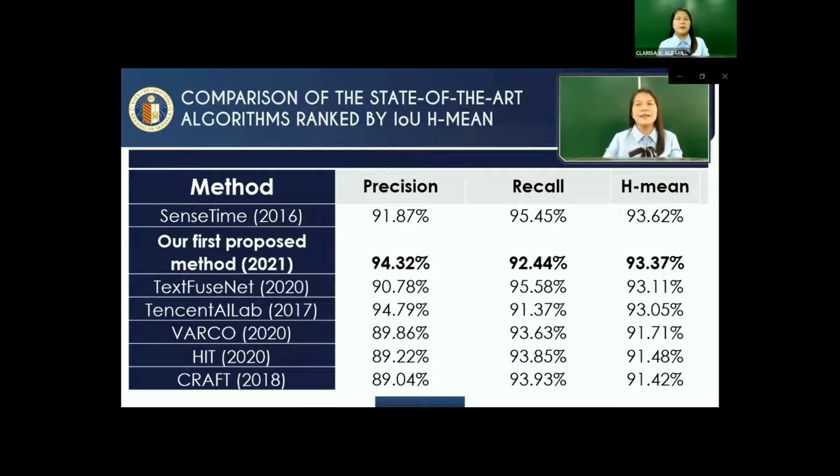The performance is even better than that of the current second-ranked algorithm, TextMuseNet, which is only 93.11%. However, this is still a bit inferior to that of SenseTime, whose IOU-H mean stands at 93.62%.